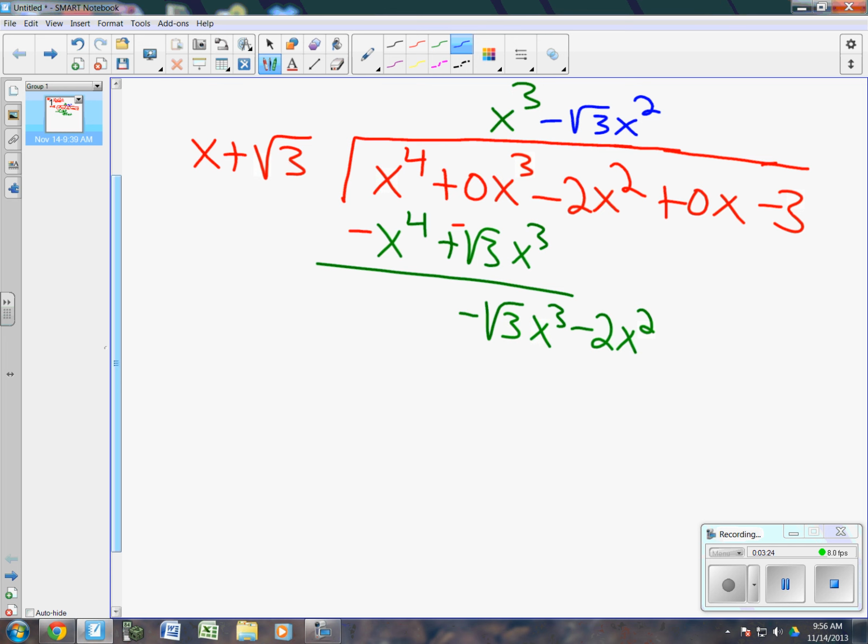Okay, what happens if I go negative square root of 3 x squared times x? X to the 3rd, yeah. It always should be the same as that first one, right? And I got to distribute it, so I got to times it by the other one. What's the square root of 3 times the negative square root of 3x squared?